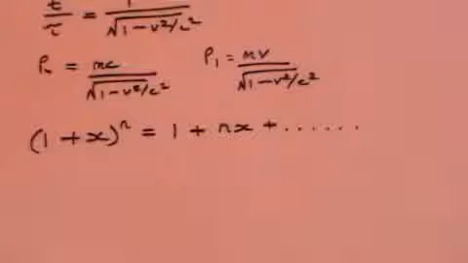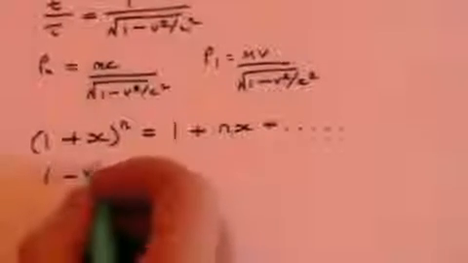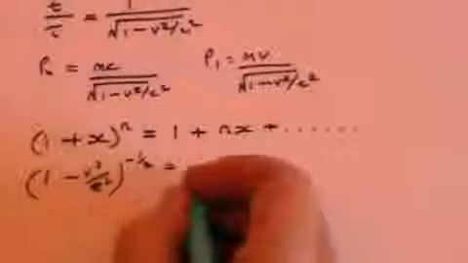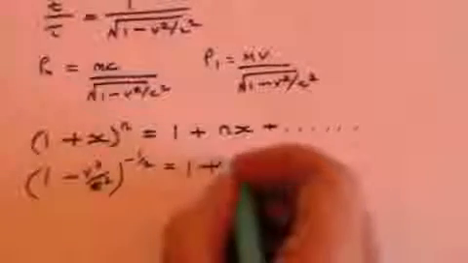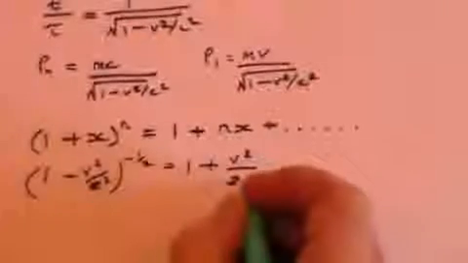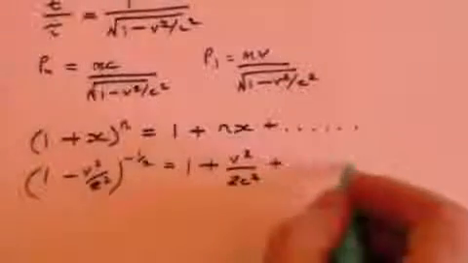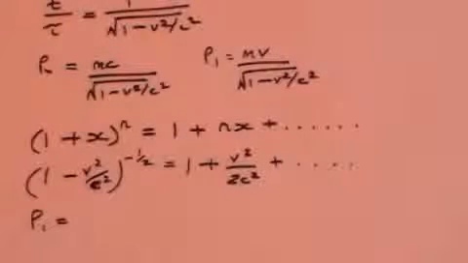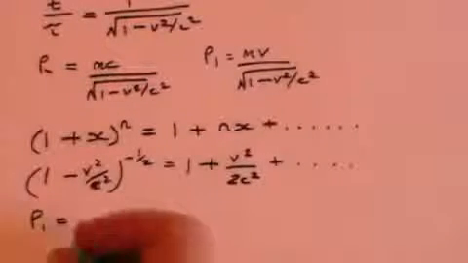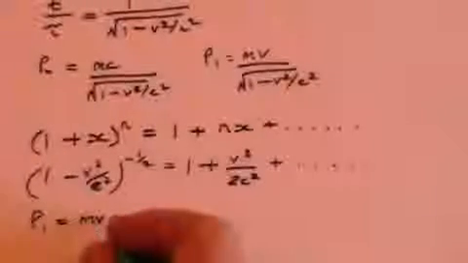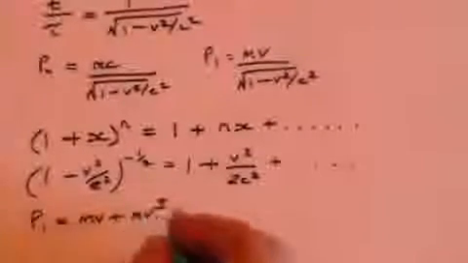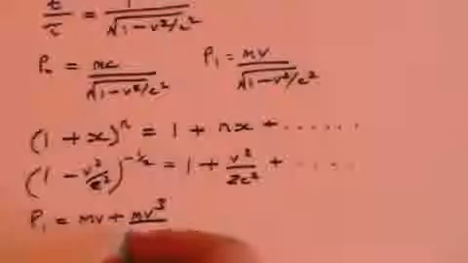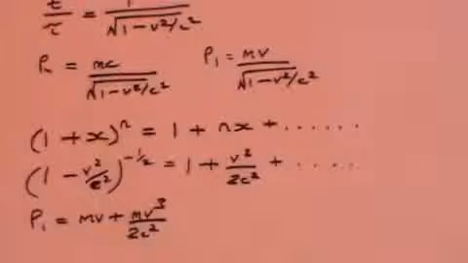If you use that expansion for 1 minus v squared over c squared to the minus 1/2, that can be written as 1 plus v squared divided by 2c squared. And that means that p1, the second term of our 4 momentum vector, becomes mv plus mv cubed divided by 2c squared. And what is mv?